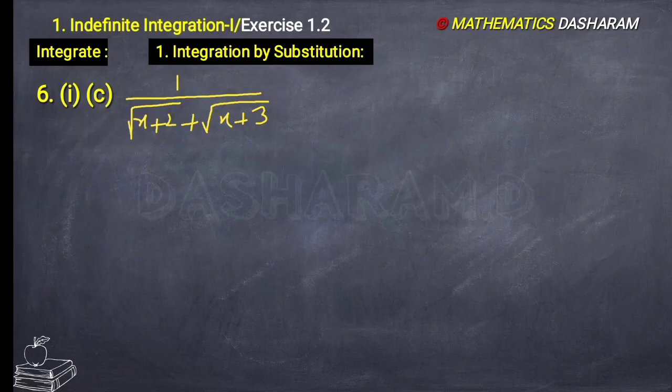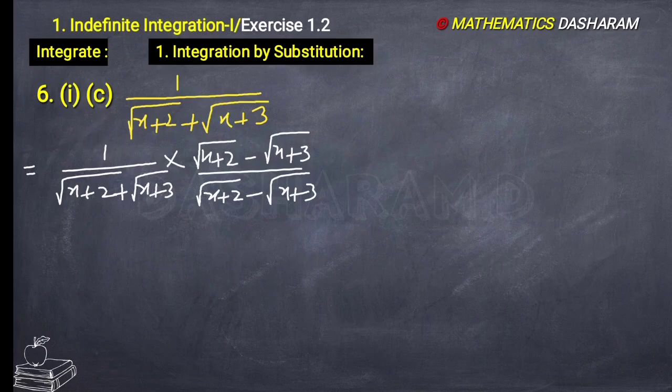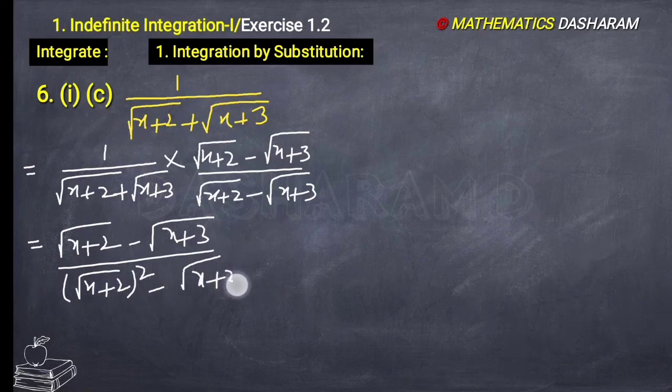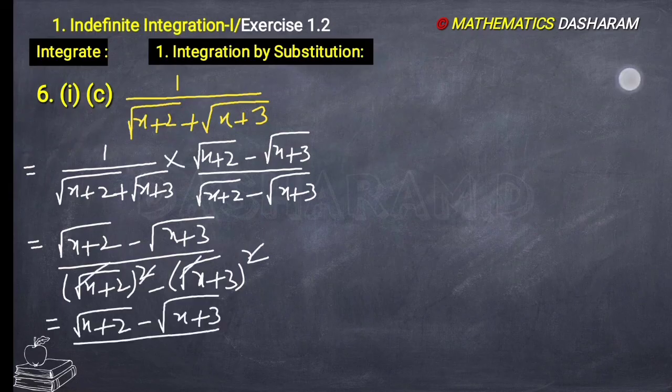C question, 1 by under root(x+2) plus root(x+3). Here multiply and divide with root(x+2) minus root(x+3). So then it is equal to root(x+2) minus root(x+3) divided by here (a plus b) into (a minus b), so a square minus b square, so x plus 2 and here remove the bracket, then minus x minus 3, plus x minus x cancel.